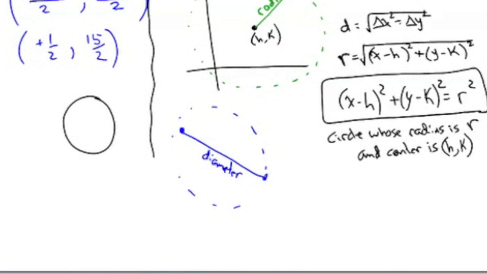So how do I find the center of a diameter? Midpoint. So you use the midpoint formula and you come up with the center. How do I find the radius? Find the distance of the diameter and cut it in half. That's all there is to it. So you're using the midpoint formula and the distance formula to find the equation of a circle.